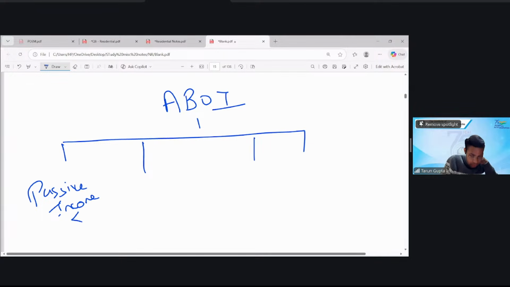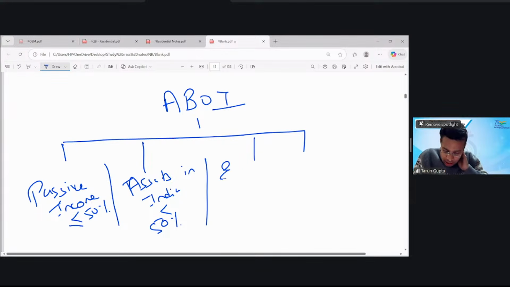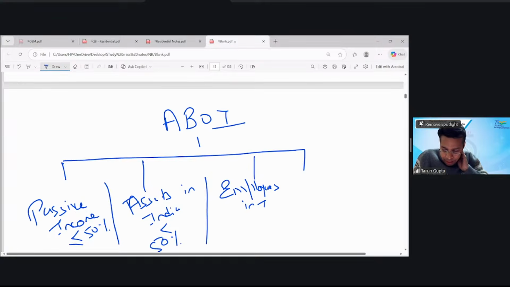So the first condition is the passive income should be 50% or less. Second condition, what is passive income, we will discuss in a minute. Second condition is the assets in India. Assets in India should be less than 50% of the total assets. Third condition is employees in India, meaning employees who are resident in India or who are situated in India.